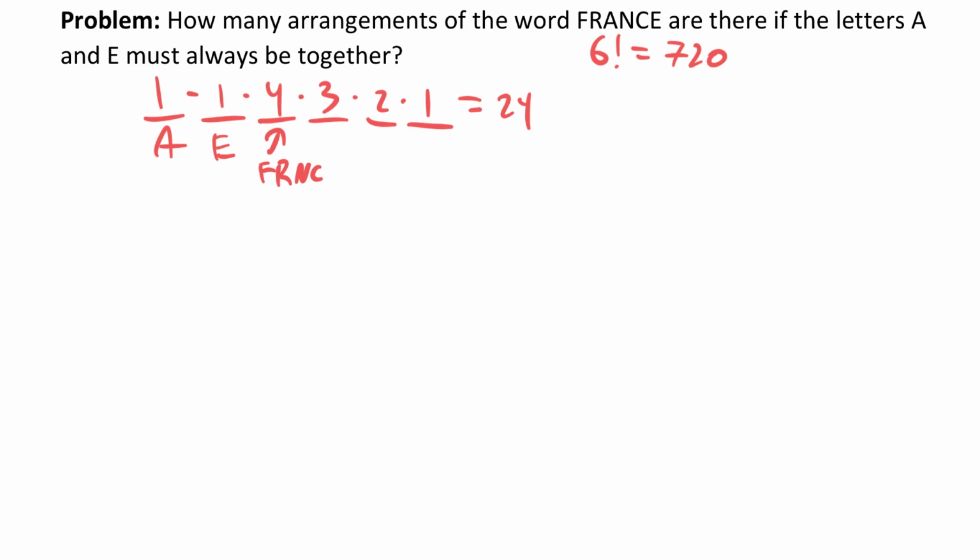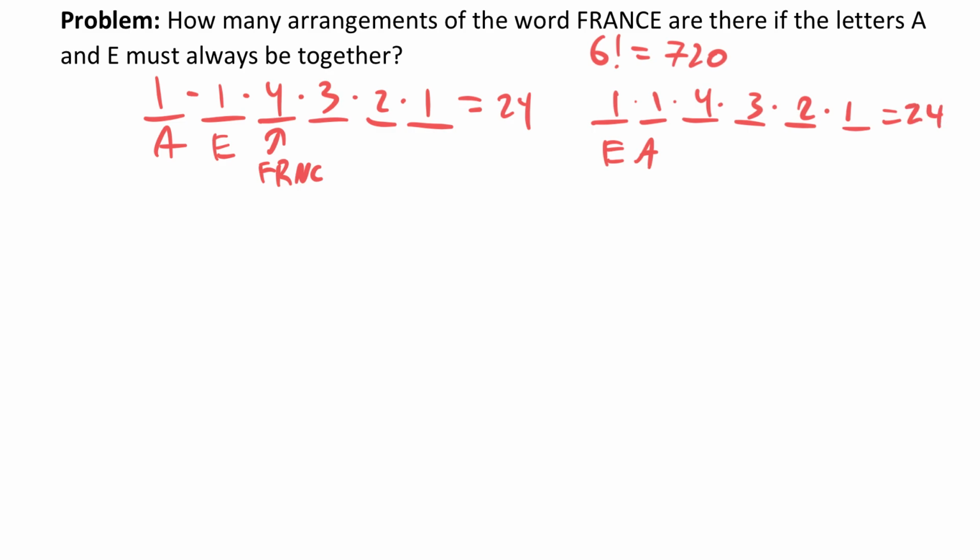And I guess you could also have the case where it starts off with E, then A, because again, the E and A are together. 1 E, 1 A, 4, 3, 2, 1. That's going to give you another 24.